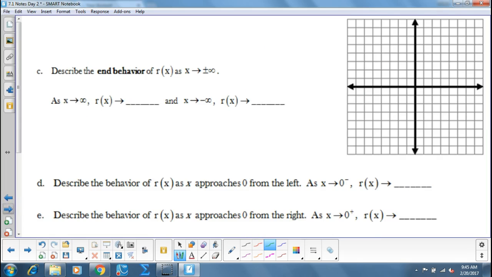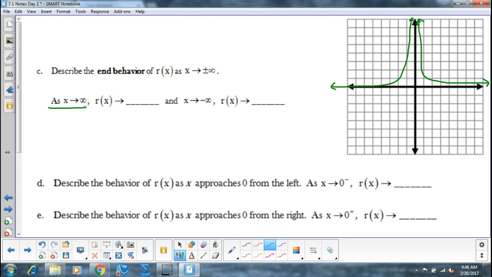So, describe the end behavior. Our function again came through here and here. I'm just going to sketch this one. End behavior as x goes to infinity, that's right there.